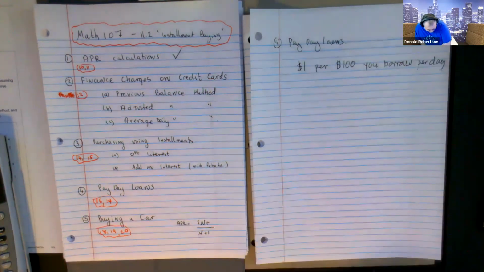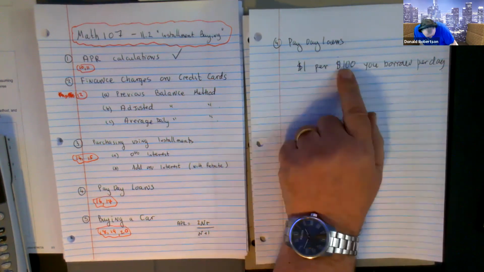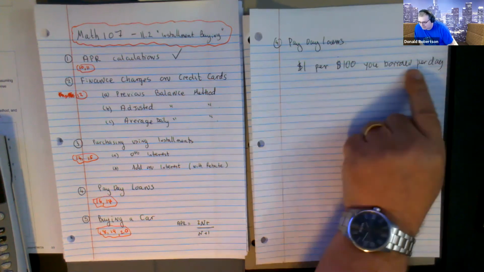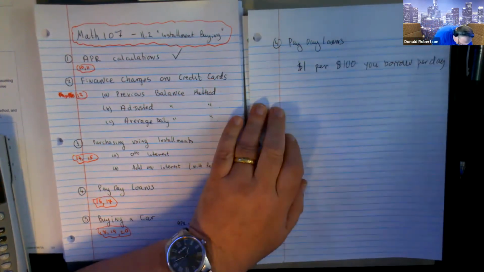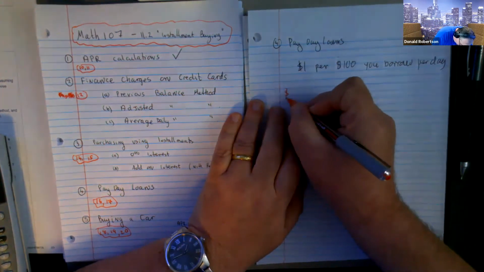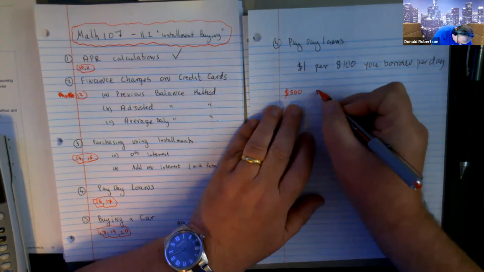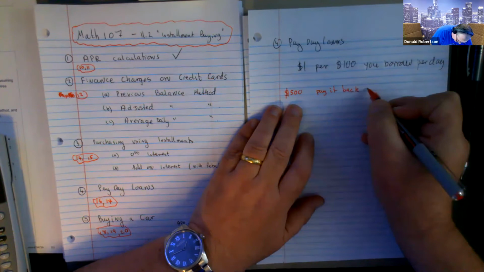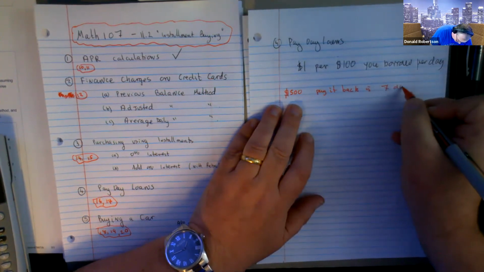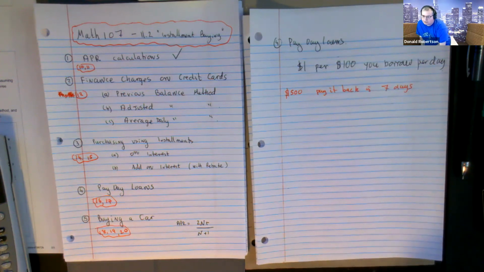So if you want to find out how much it would cost me, the going rate is very common: $1 for every $100 you borrow per day. So let's suppose we have a story. I'll change color. You need $500, and you're going to be able to pay it back in 7 days, right, when you get next week's wages. So you know it's going to cost you 7 days.